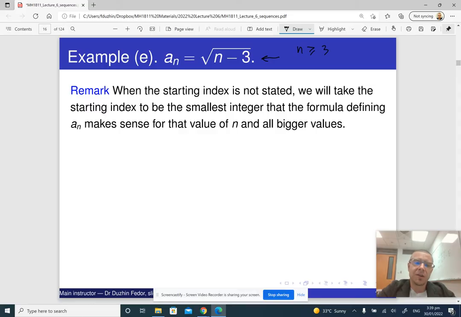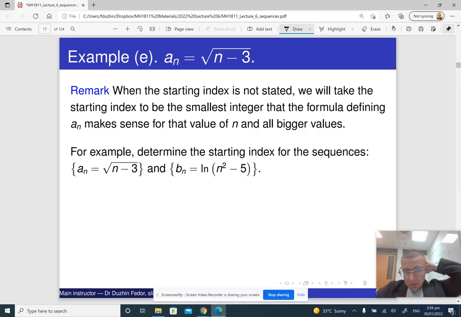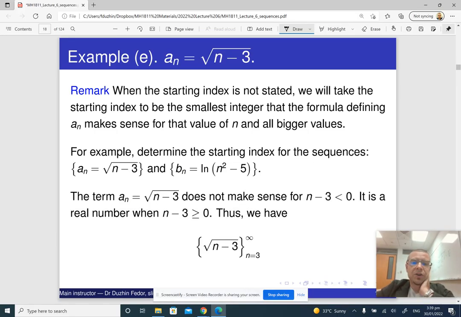So we just assume that this sequence begins with a3. So it is a3, then a4, then a5, and so on. So I've just determined that the starting index of that sequence is 3.